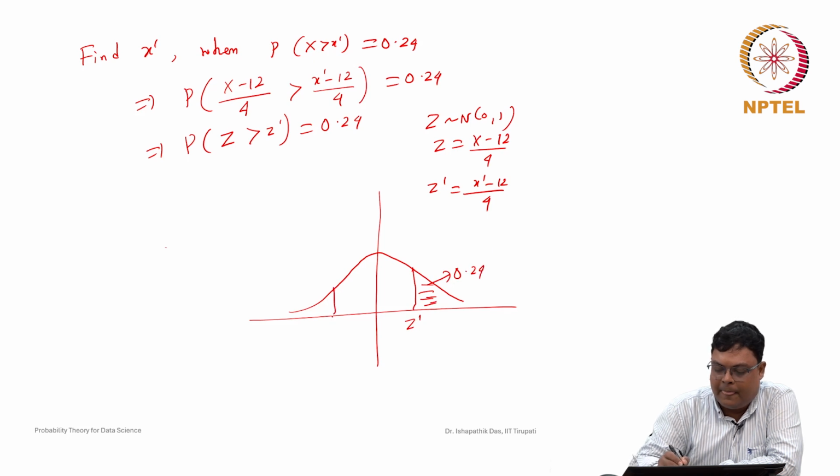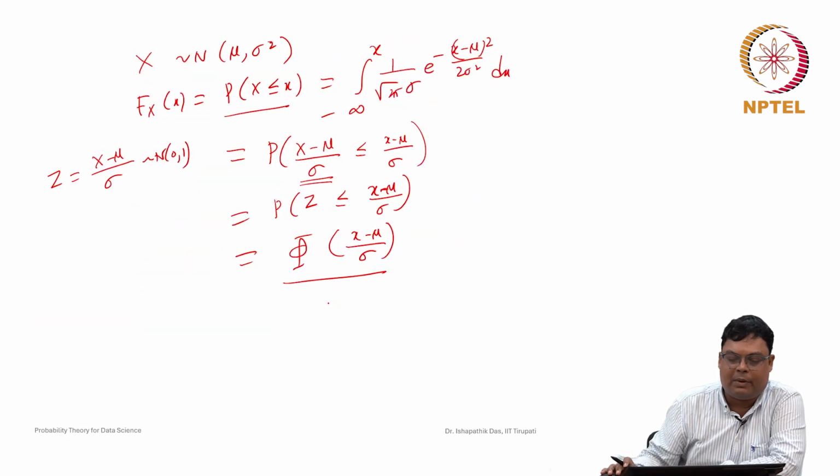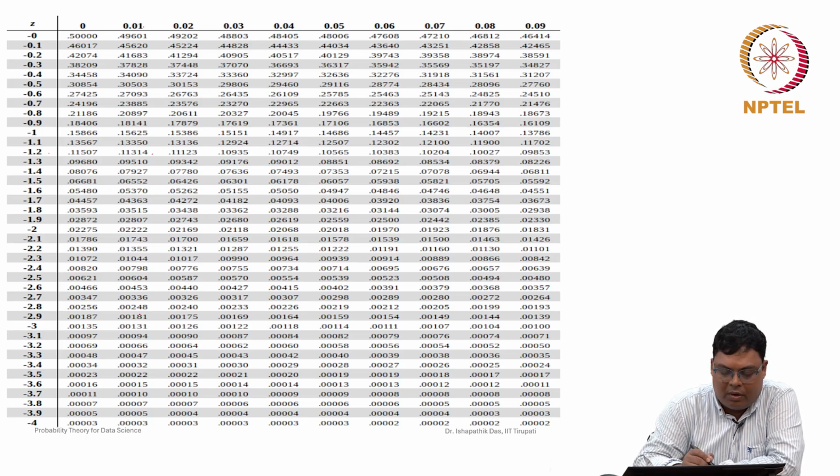By symmetry, minus z dash will also have a tail probability of 0.24. So, from the table we have to find the inverse: we have to find the probability 0.24 such that z dash corresponds to this value. Where is 0.24 appearing?